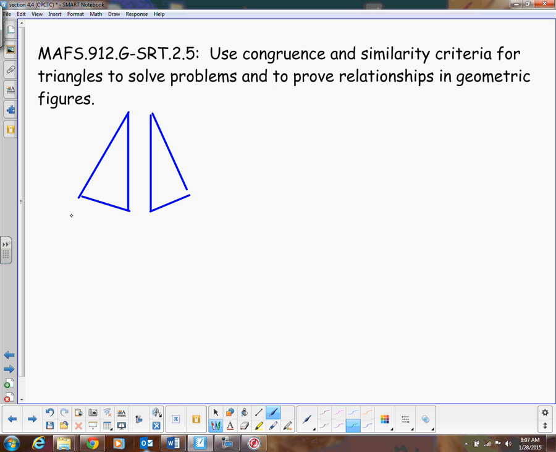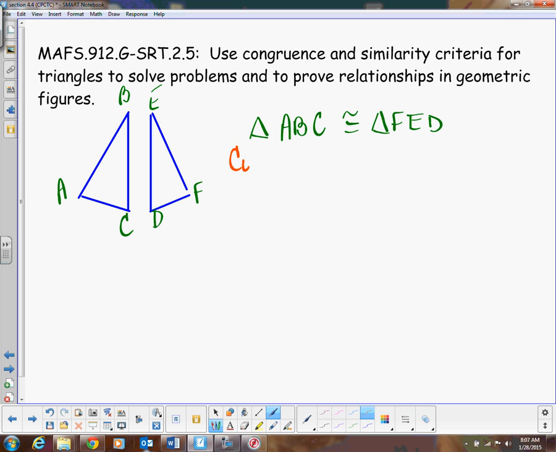All right, let's review where we began this unit. This is a review. This is going to my concept today. We've got triangle ABC is congruent to triangle FED. Given that, if you recall, if you have congruent triangles, then their corresponding parts must be what?